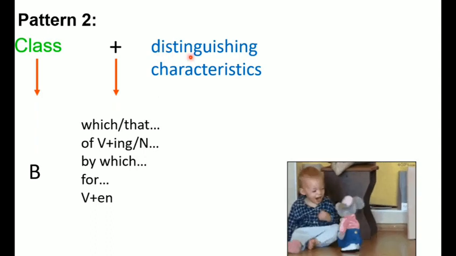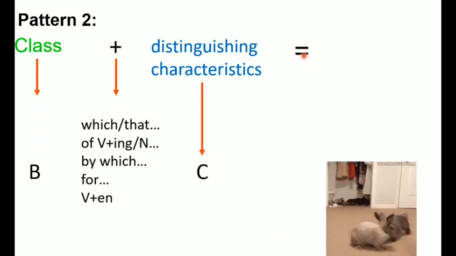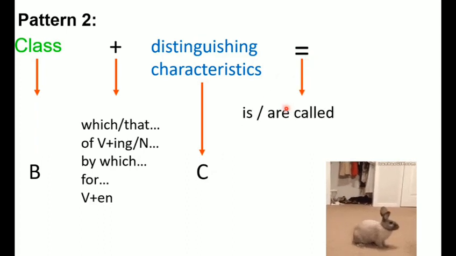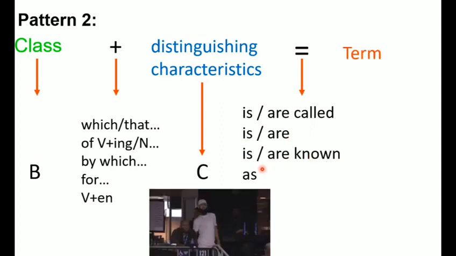And then followed with distinguishing characteristics, this is the part C. And then equal sign which refers to the verb phrase is or are called, is or are known as, okay. And then the term, this is what is being defined. Okay.